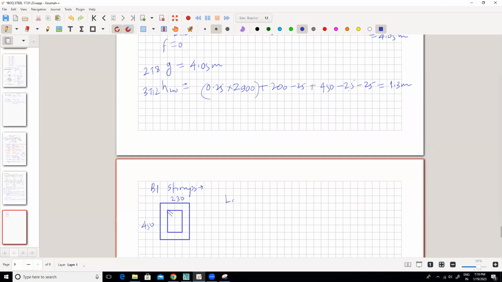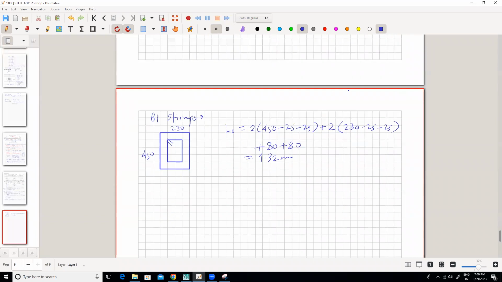So what is the length of the stirrup? 2 into (450 minus 25 minus 25) plus 2 into (230 minus 25 minus 25) plus this one is 80 plus 80. 8 into 10. ये कितना आ रहा है? 1.32.